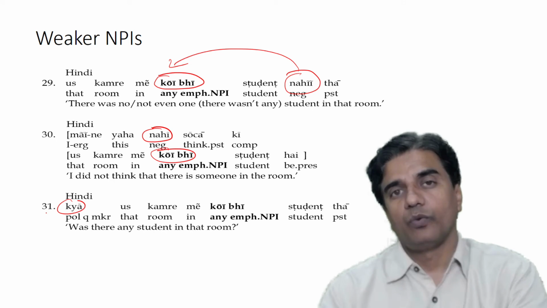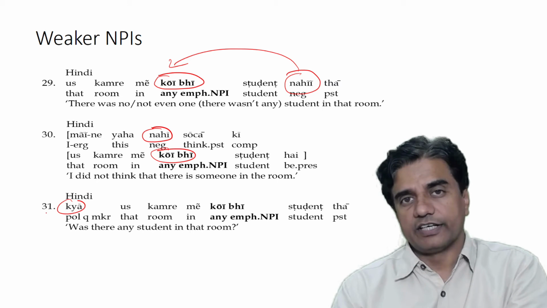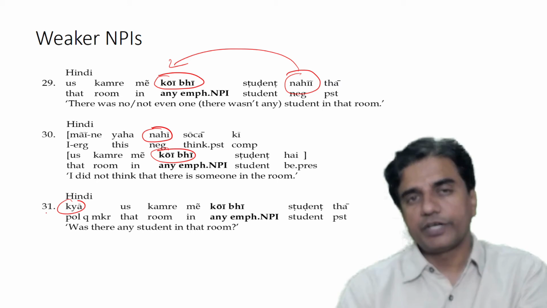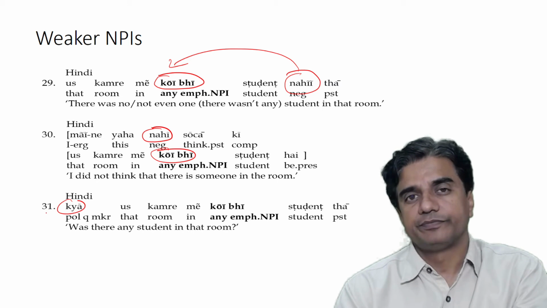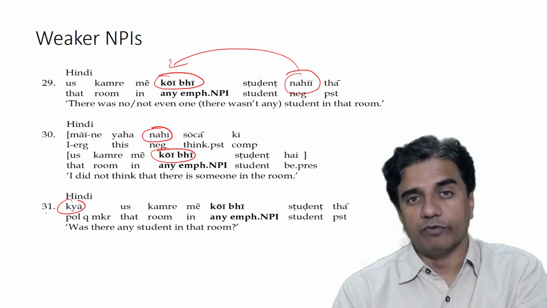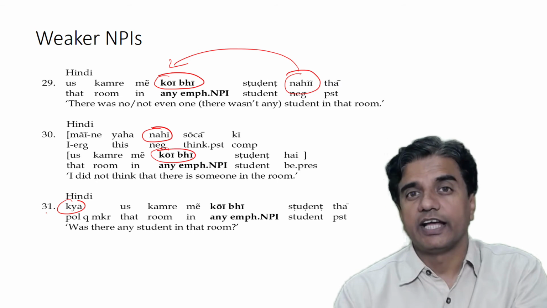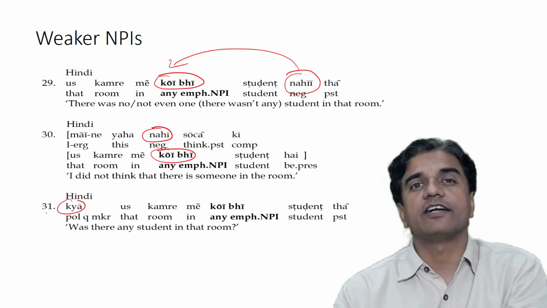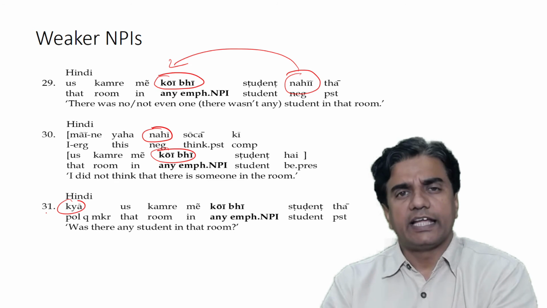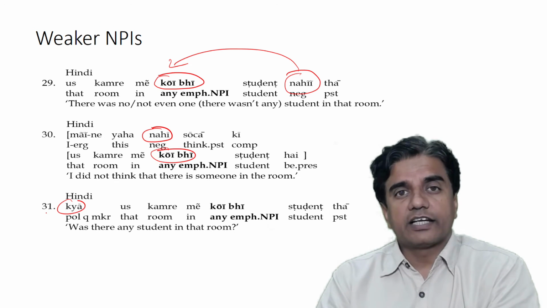Thus, in our discussion so far we have looked at two things in particular. We have looked at negative elements and their distributions, and then we have looked at how they intersect with the licensing of negative polarity items. That is, how negation and negative elements affect certain other elements in a sentence.